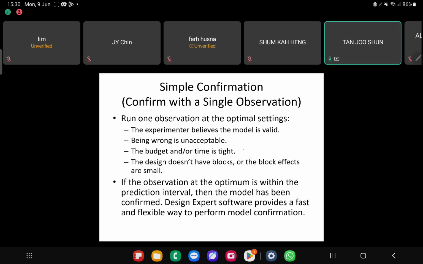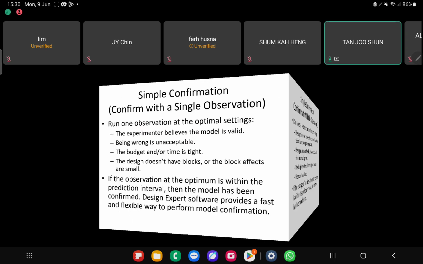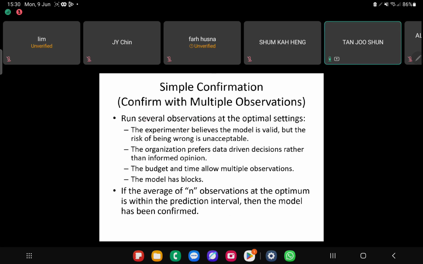Normally we need to do triplicates to confirm. If you just run one time, then it might not give you a very strong justification. Unless your budget and time are limited, then you use a single observation. If not, then you need to run a few replicates to let other people know your model is valid, and the risk of being wrong becomes lower.